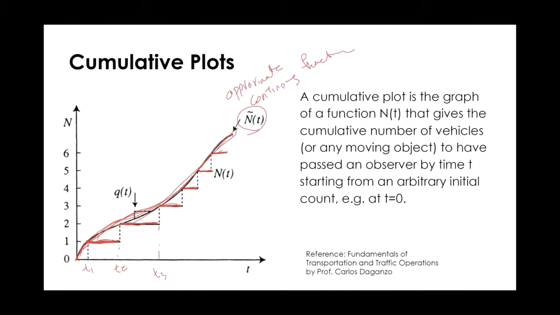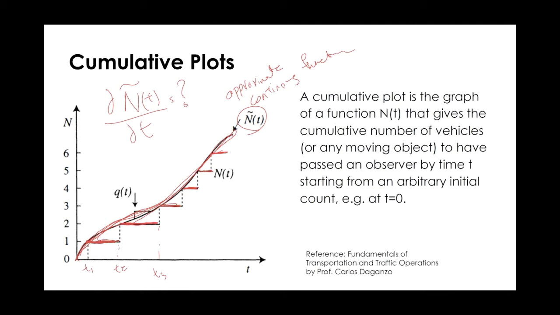So in this case, what would be the slope of the curve here? Can somebody help me? If I take the derivative of n with respect to time, what would this give me?